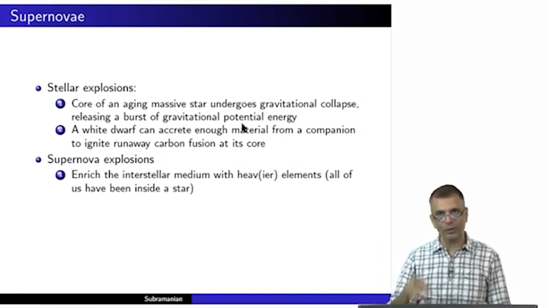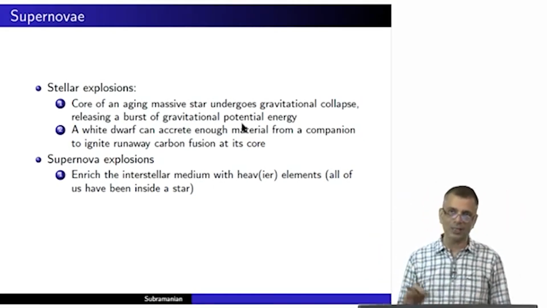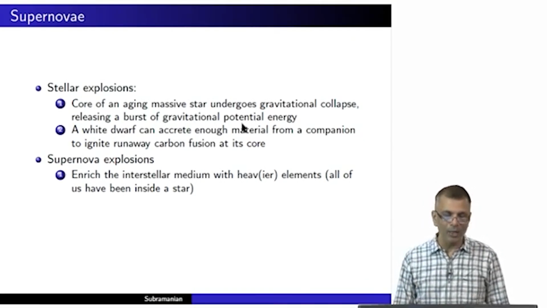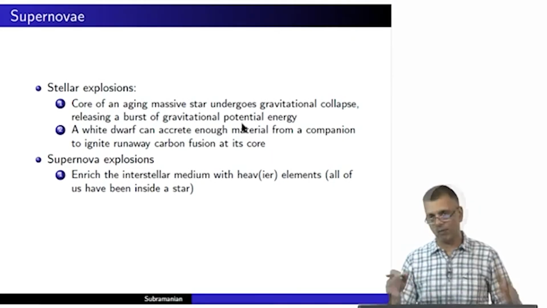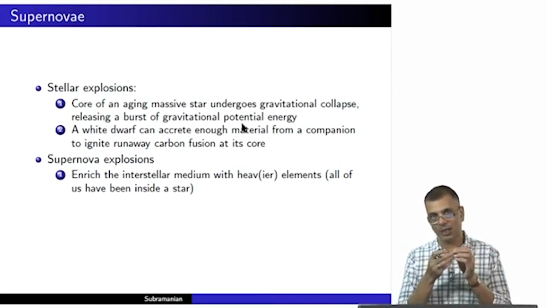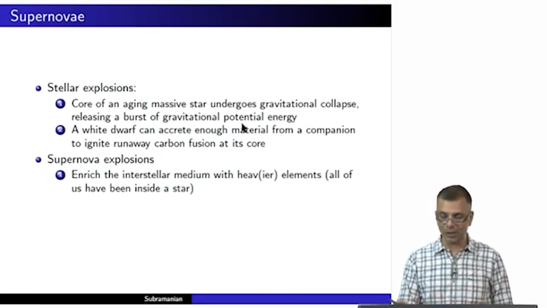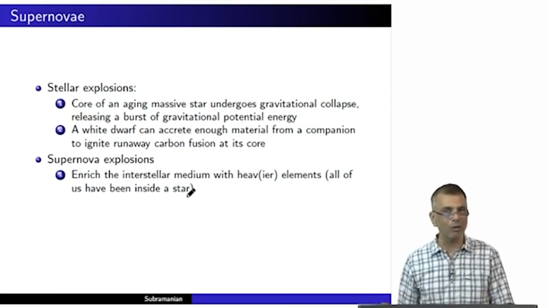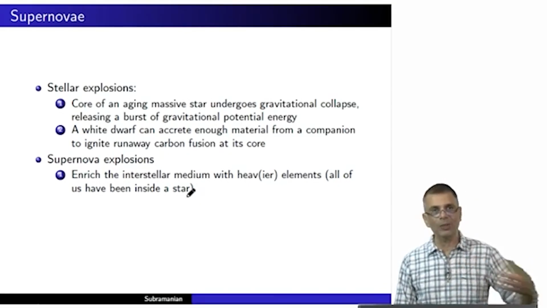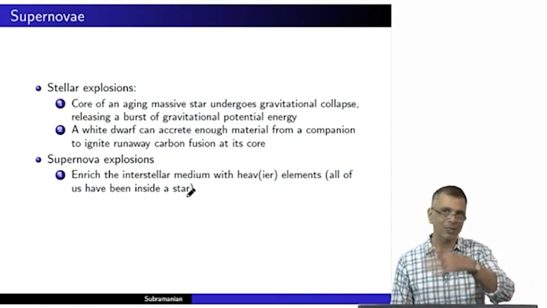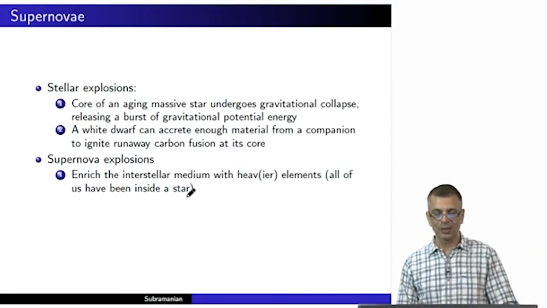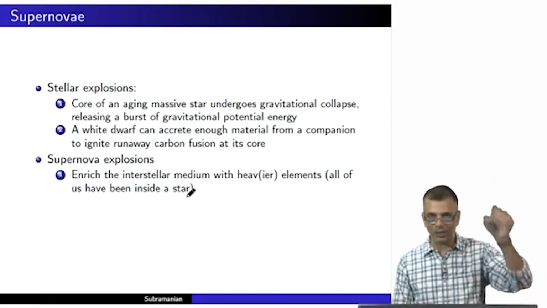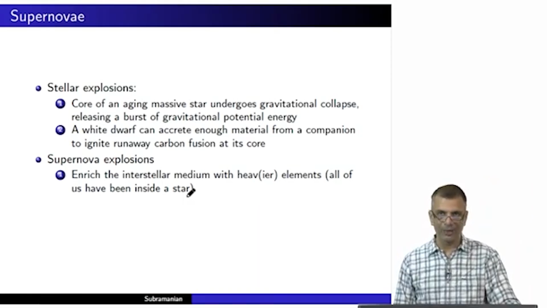Even supernova explosions could not have cooked these elements, but that's a slightly different matter. But most heavier elements have been synthesized inside a star, and so in some sense, all of us have been inside a star. In some sense, all life. Not just us, but the rocks and the inanimate objects, everything that we see around us. At some point, we were inside a star. That's where we all began. Okay, so this is a bit of a philosophical detour.